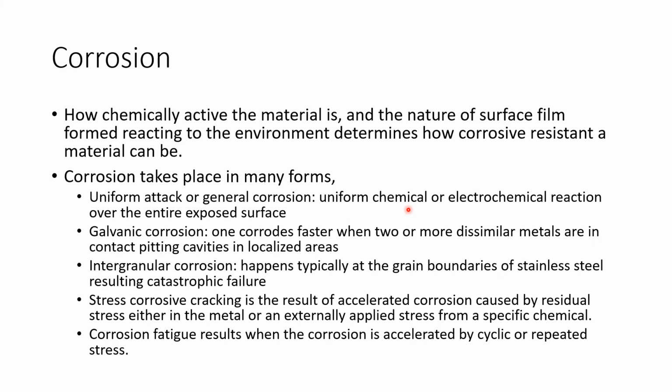So we have uniform, we have galvanic with cavities, we have intergranular at the grain boundary, and we have stress corrosive cracking that happens because of stress on the material, and corrosion fatigue because of the constant stress on the material.